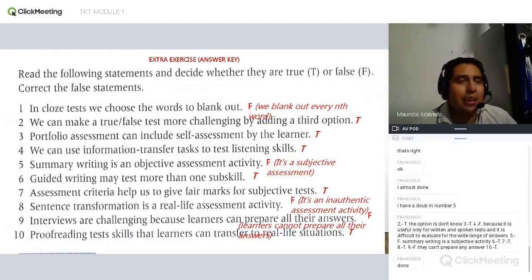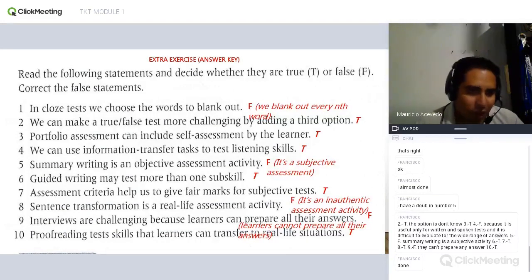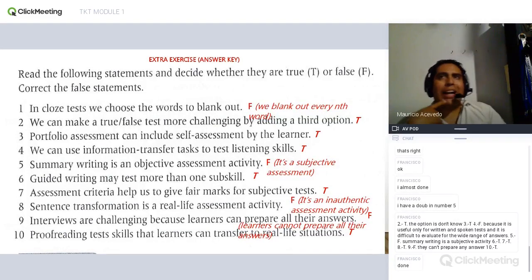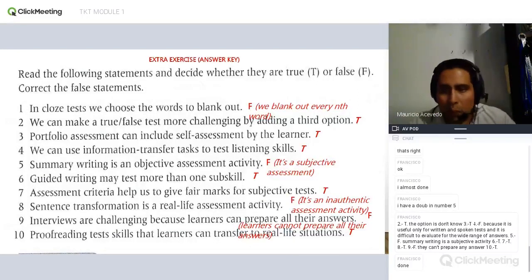Because in this case, we don't do that in real life, right? We're not thinking, oh, I can say this the other way around. No, not really. So it's just for checking grammar. Number 9 is false, as you said. They cannot prepare all the answers. And number 10 is true.